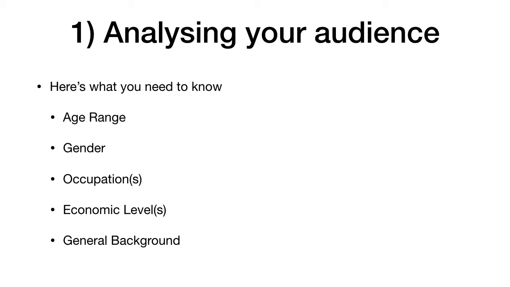Similarly, people who don't smoke would probably not be interested in a speech about different types of cigars, right? So your goal is to choose a topic that is of interest to everyone. Okay, that's about the general background. These are the things that you need to consider when you prepare your speech.